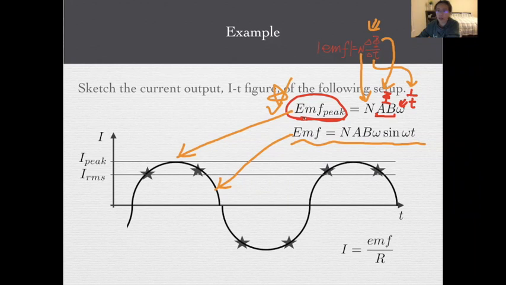Once we know the EMF, which is the voltage, then we can take the voltage divided by R, and we can get the peak current, which is the value at this point. All right, so this is how you can understand the generators and actually calculate it. So that's it.